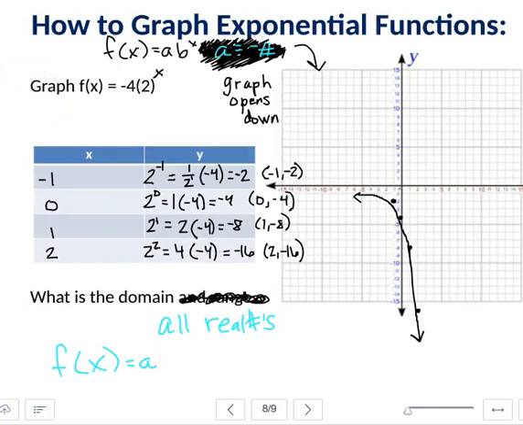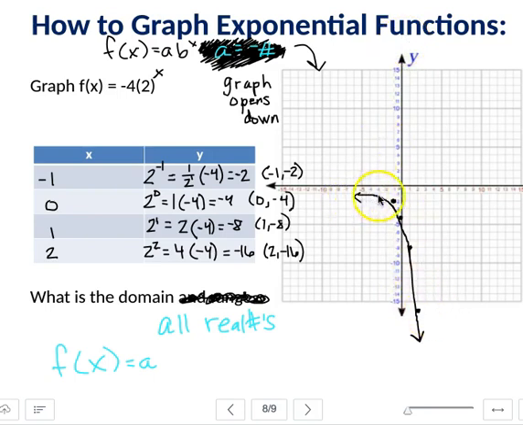So again, the big takeaways I want you to have today are that the domain of any exponential function will always be all real numbers, because we can have any x value. And then walk away knowing the general shape of an exponential function. It's going to be this U shape. It can either open up or down.